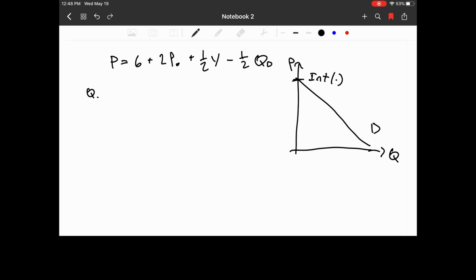So the question here is, what happens if the price of cheese decreases? This is equivalent to asking for the derivative. Let me write out the question on the screen. What happens when the price of cheese decreases?